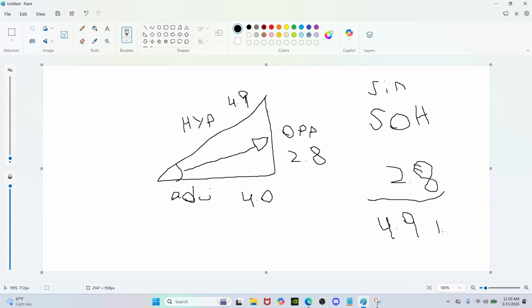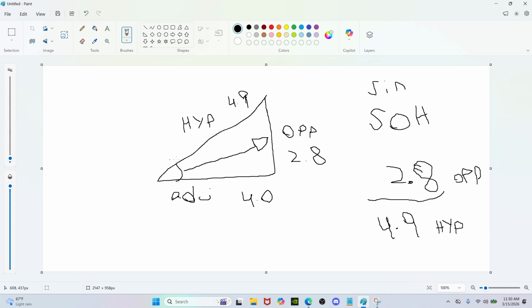Okay, so hypotenuse and the opposite. Well, this is where the inverse starts, because we don't know the degrees of this angle right here.